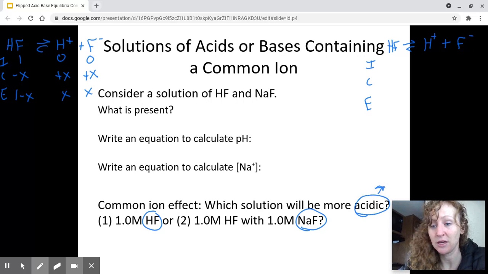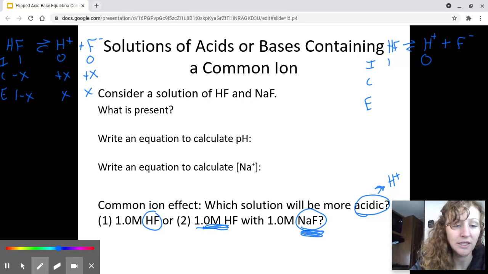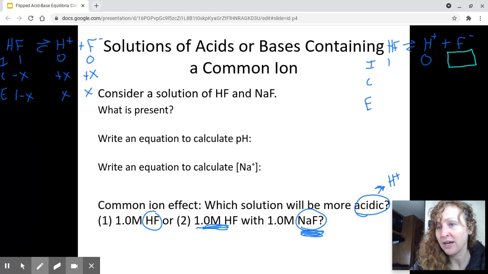They're asking me about a hydrogen concentration. Okay, now in this one, I still have initial amount of HF. I don't have a source of H plus, but I do have a source of F minus, right? So we need to figure out how much F minus I have here from NaF.